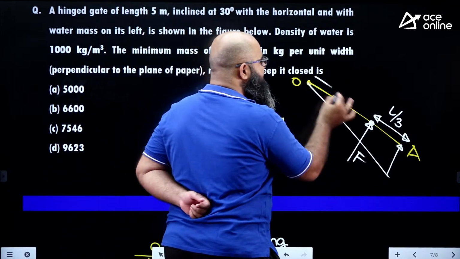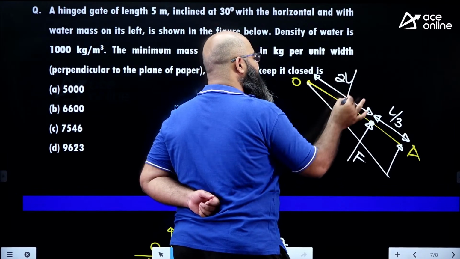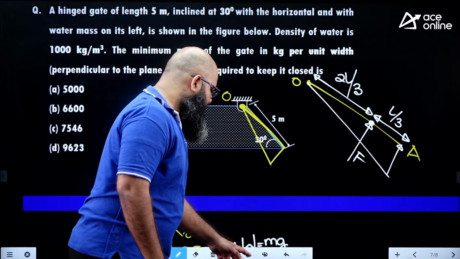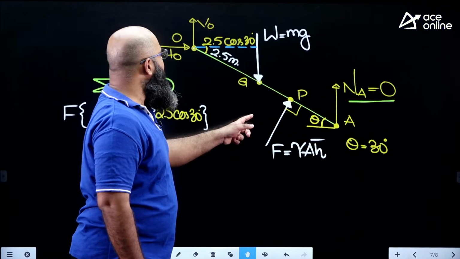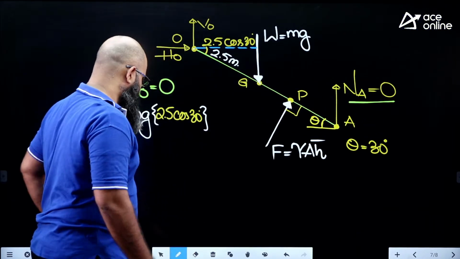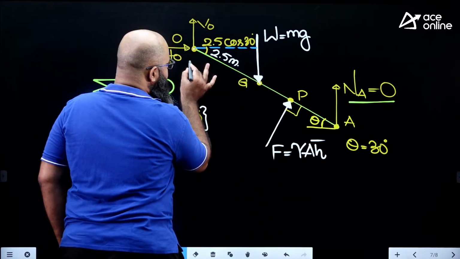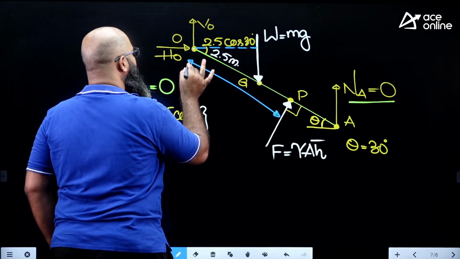That means this distance is supposed to be equal to 2L by 3. Using this logic, I can say the lever arm over here, this distance, is equal to 2L by 3.